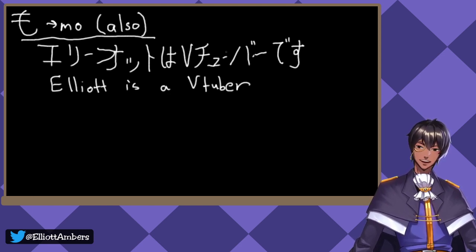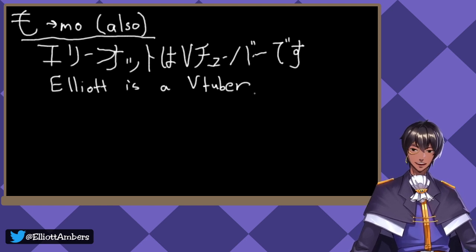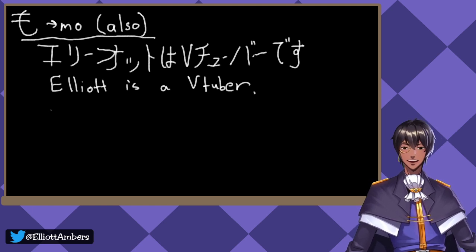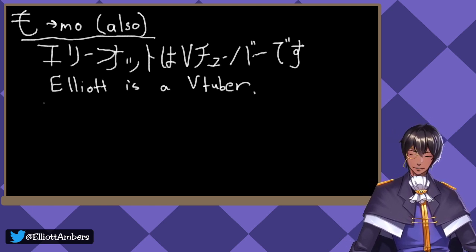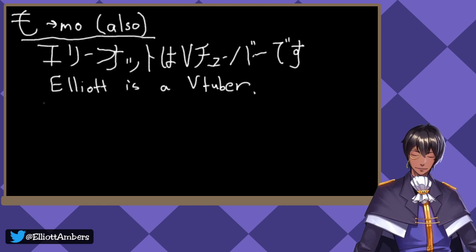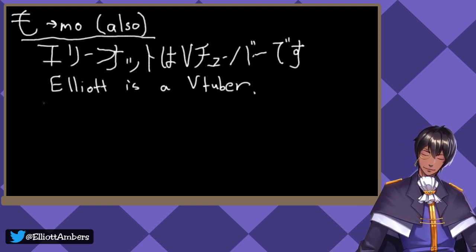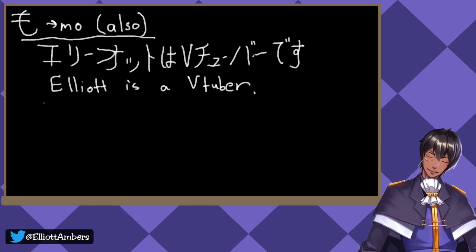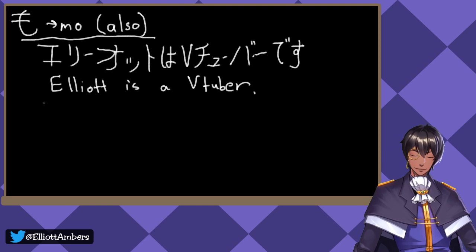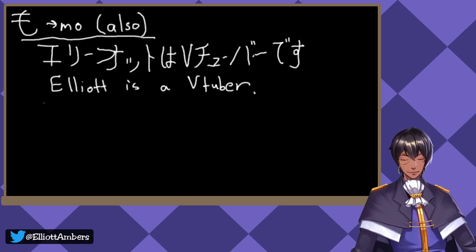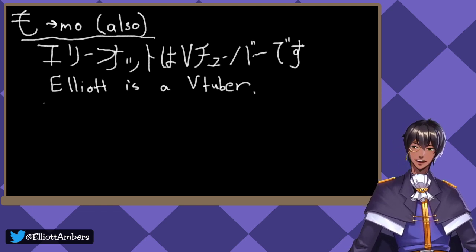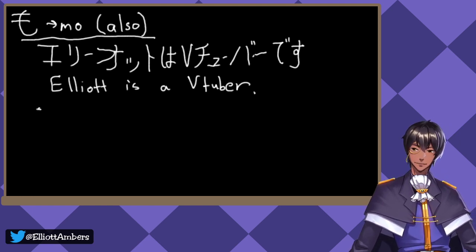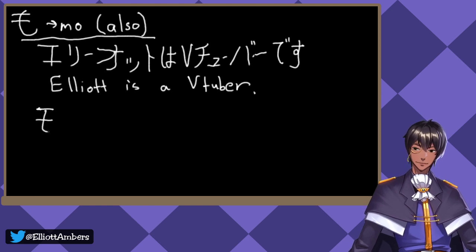If someone else was agreeing with me, or if I was saying that someone else was a VTuber, we could say something like, let me make sure I don't write this incorrectly, because I think I might write it backwards if I don't check first. Since you're in my chat, I could say Mora-san.